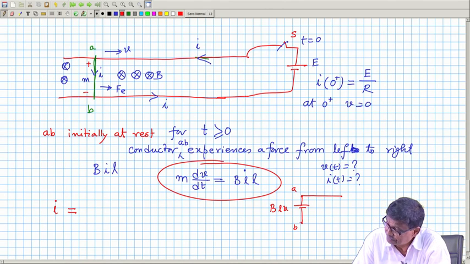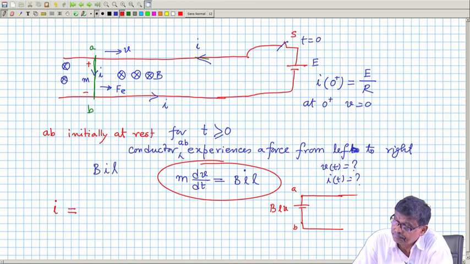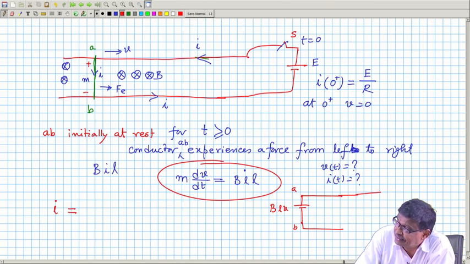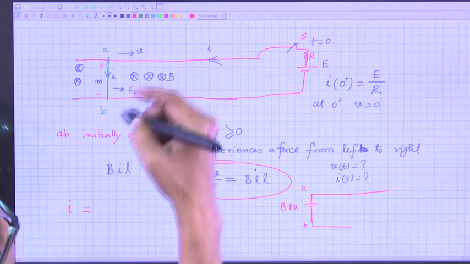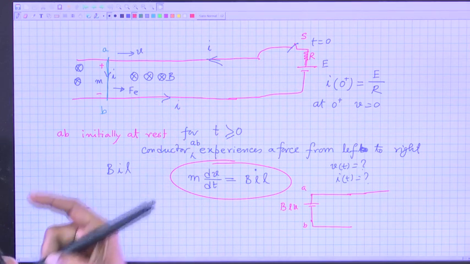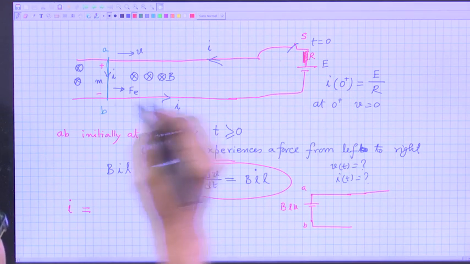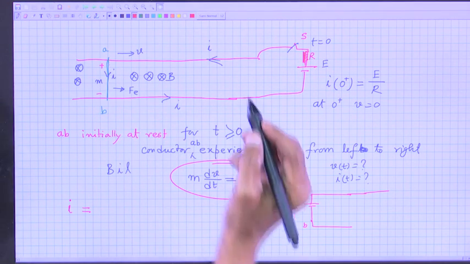and your switch here, and I will connect also a resistance here, otherwise there will be a short circuit. Suppose this resistance is the resistance of the conductor, either way.